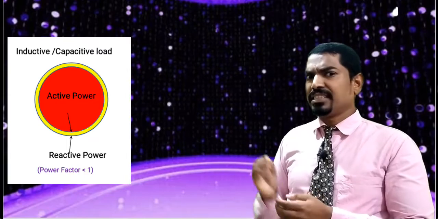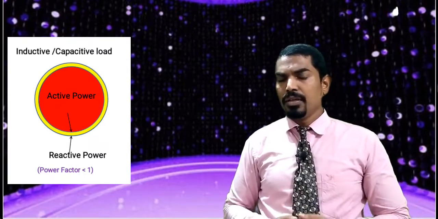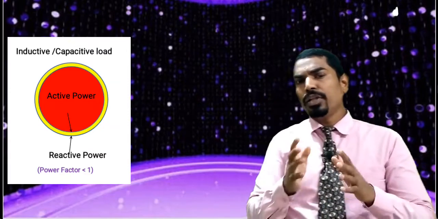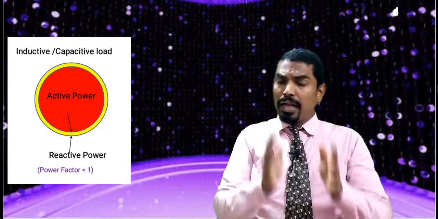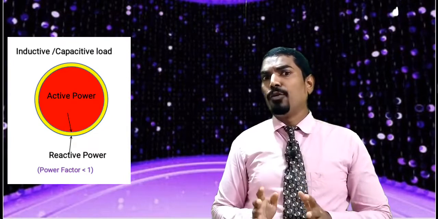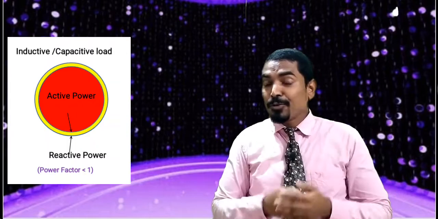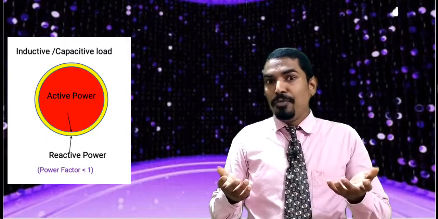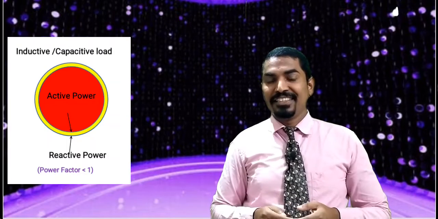It is always less than the total power produced in the system. So we can draw the conclusion that if it were a purely resistive load in the system, active power would be equal to the total power produced in the system, so obviously the power factor would be 1.